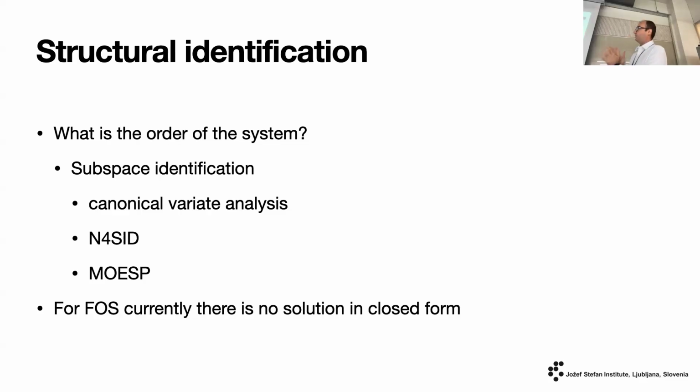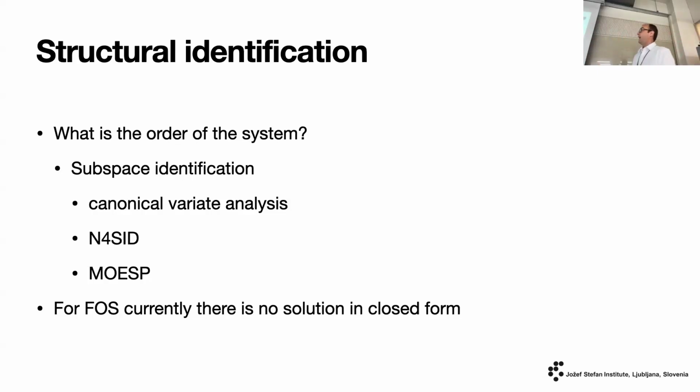There is one particular niche in system engineering, in system identification theory. It's called structural identification. So the question is, what is the order of the differential equation that governs the system? Currently we are talking about integer order differential equations: first, second, third, nth order.